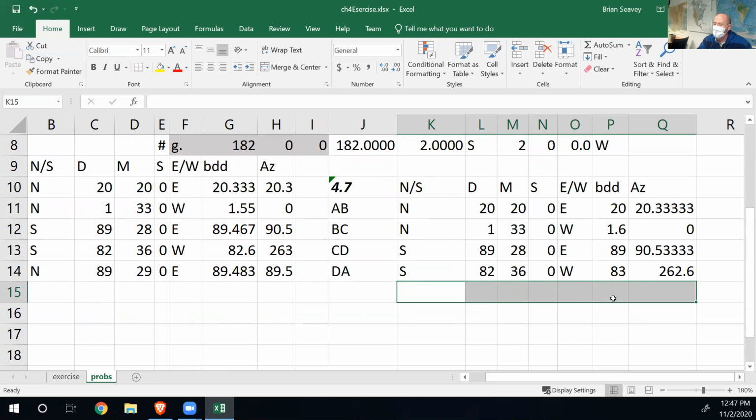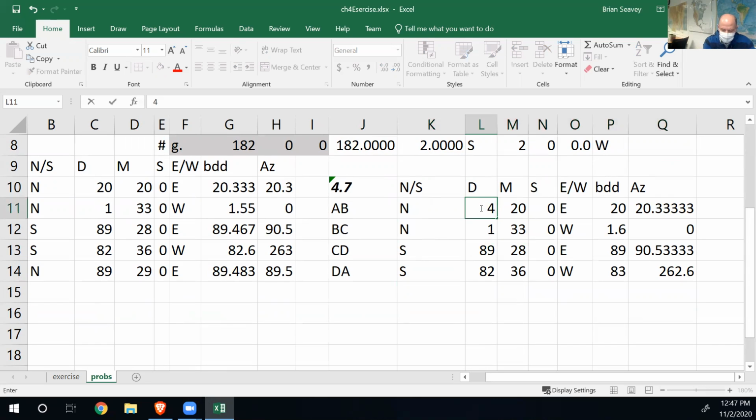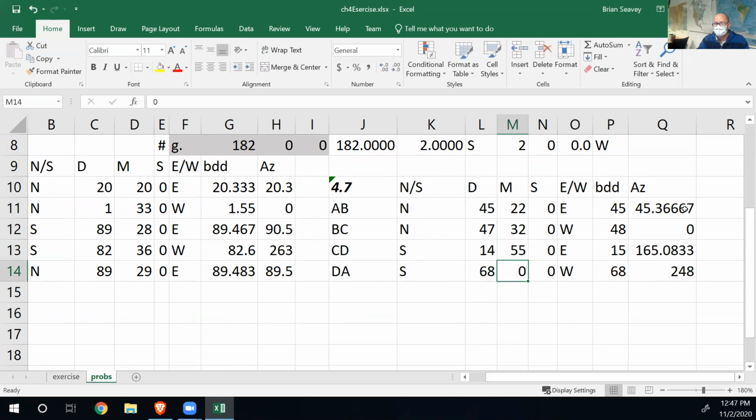All this is going to do for us right now, which is nice because we don't have to hash this over again, is 45.22, and then 47.32, and 14.55. And D back to A was 68 degrees, even. So there are the azimuths.